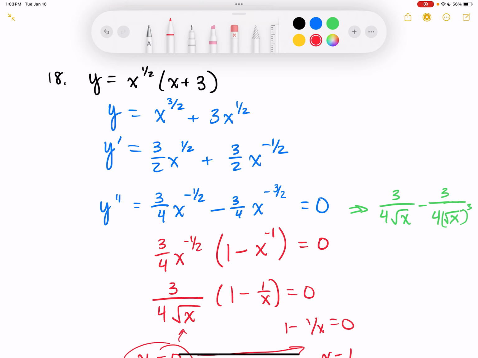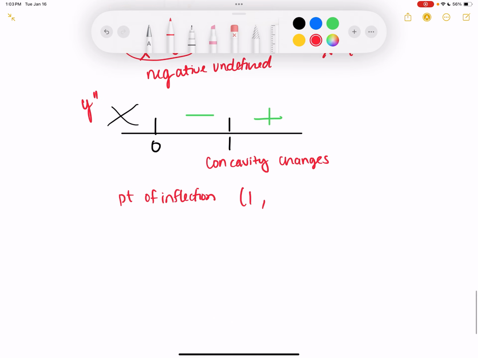What's the square root of 1? 1. What's 1 times 1 plus 3? 4. Okay. Alright, so your point of inflection is at 1, 4, so that one only had 1. 0 was just there as a marker so that we knew we couldn't pick a number on the other side of 0, basically, because that would have caused an issue.